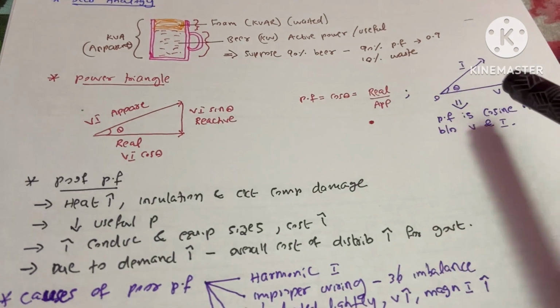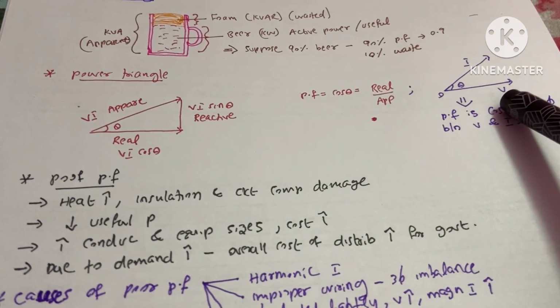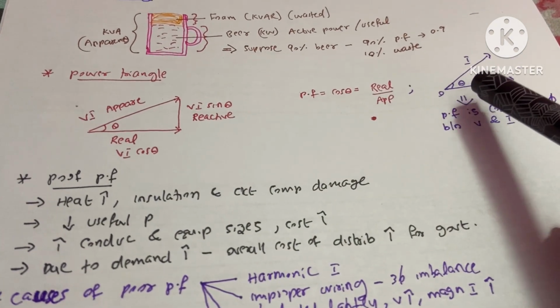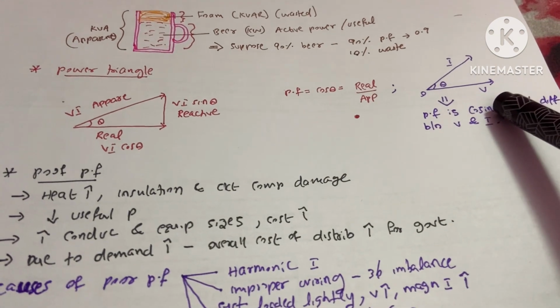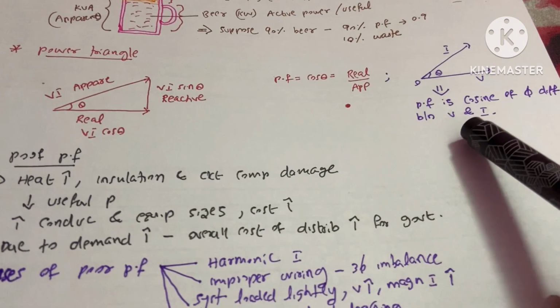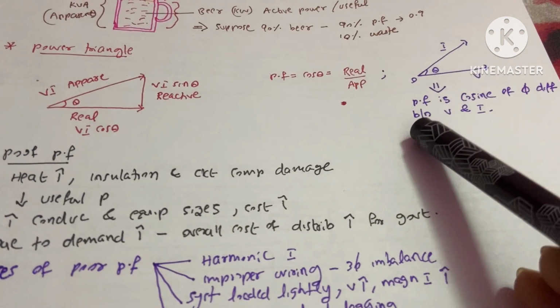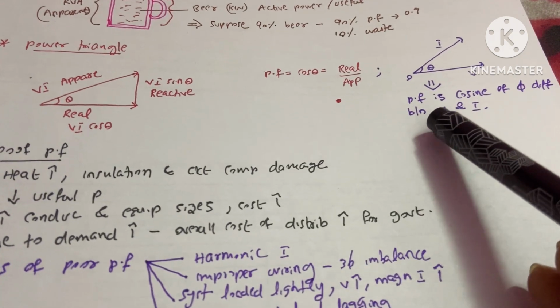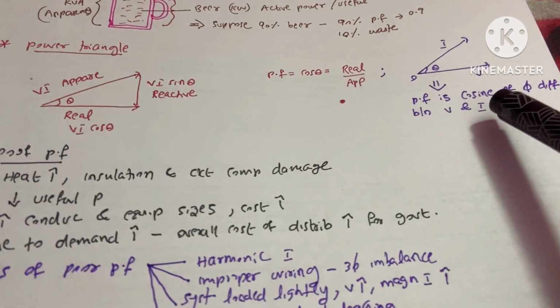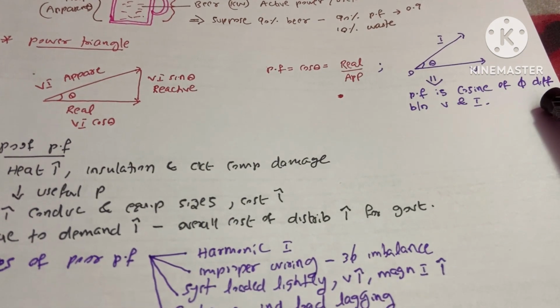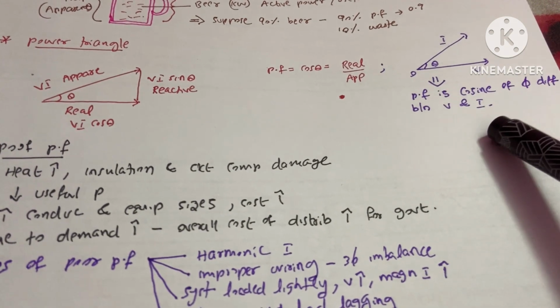And we have another triangle. Here we have theta between the current and voltage. When somebody asks you about the power factor, you could simply say the power factor is the cosine of the phase difference between the voltage and current.